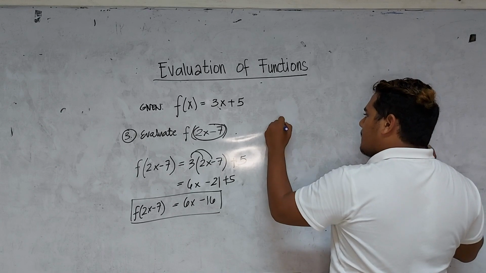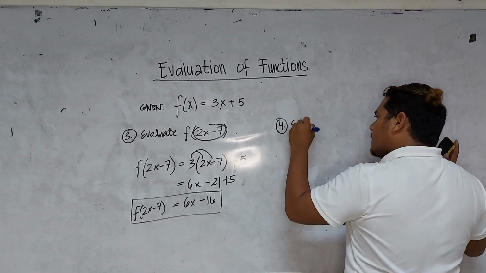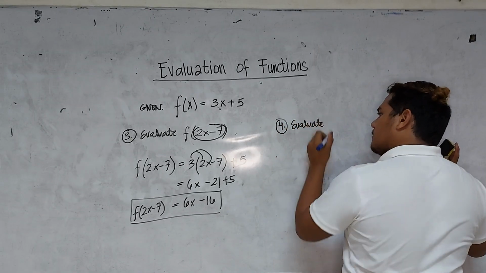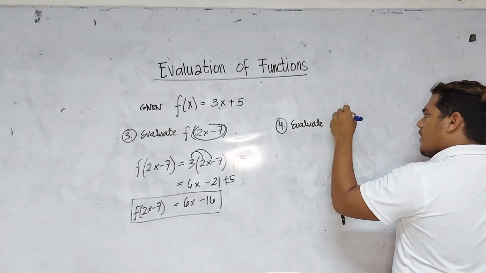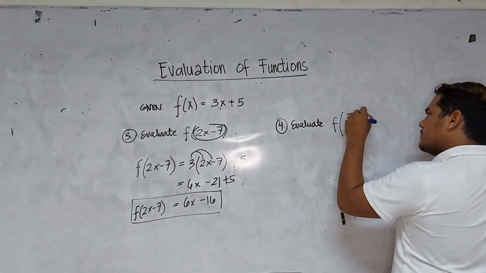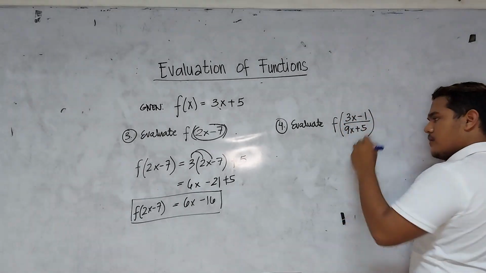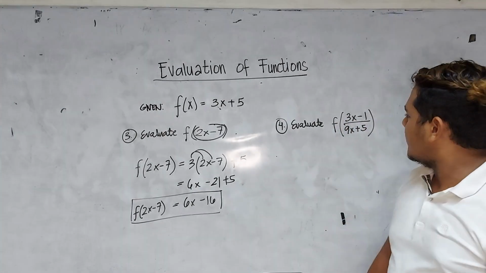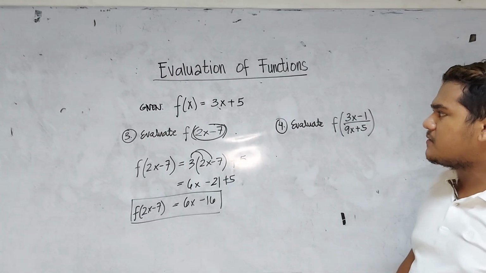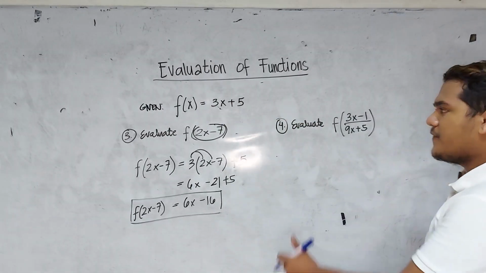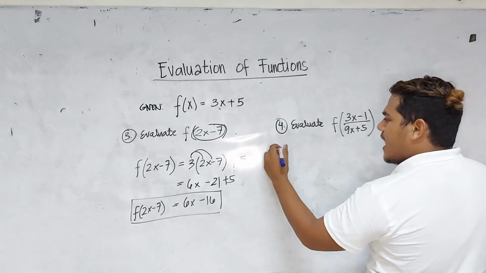Example number 4. Evaluate f of 3x minus 1 over 9x plus 5. Same given, f of x equals 3x plus 5. So how do you do that?